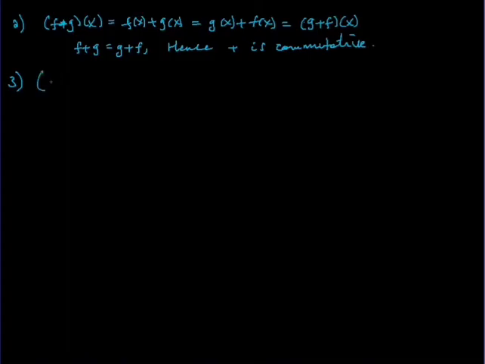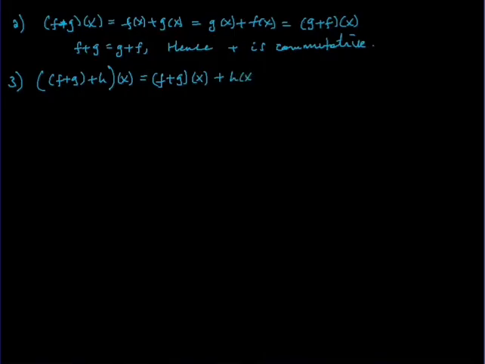The third axiom is the associative property of addition. So ((f plus g) plus h) at x is equal to (f plus g) at x plus h of x.